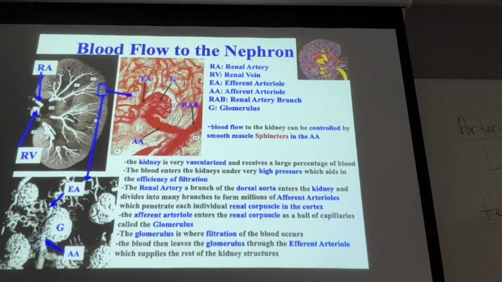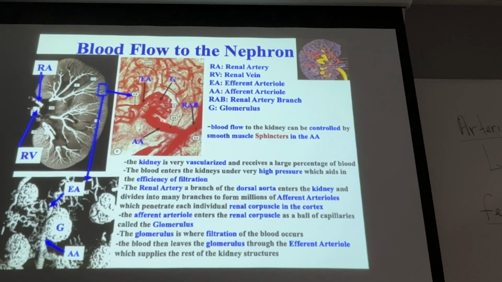So this shows you blood flow, and that blood flow is high. Blood pressure in the afferent arteriole is high. Perfusion rate or blood flow through the afferent arteriole is high. That makes a lot of sense because it's blood pressure that drives filtration. Without blood pressure, filtration stops. So you've got high blood pressure, high perfusion into the glomerulus, so that blood will leak from the glomerular capillaries into Bowman's capsule.